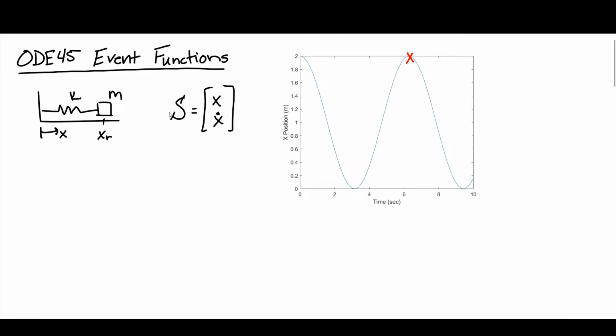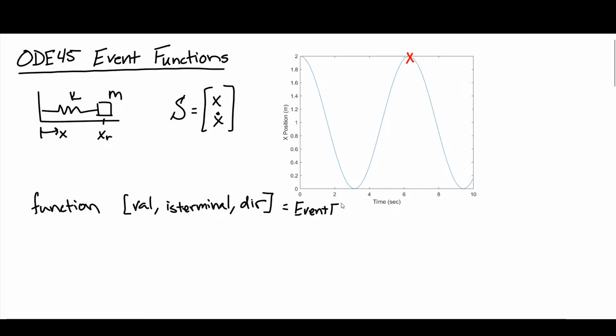Now, these event functions are quite simple to put together, and they're also another function that you need to point ODE45 to. So we'll describe it here, and then we'll implement it in MATLAB next. So an event function has three outputs. It has a value output, an isTerminal flag, and a direction.